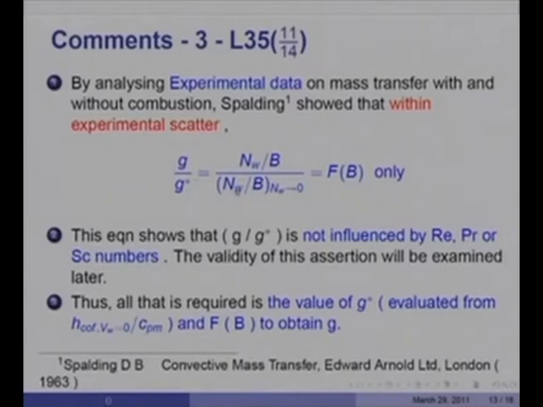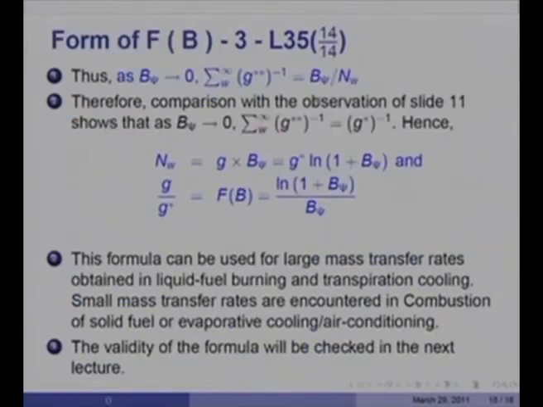G over G* is equal to (NW by B) over (NW0 by B), which is equal to FB. So comparison with that will show that as B psi tends to 0, the sum of G** raised to minus 1 is nothing but G* raised to minus 1, and hence NW equal to G B psi is equal to G* ln 1 plus B psi, and G over G* is equal to FB, and that is equal to ln 1 plus B psi over B psi.